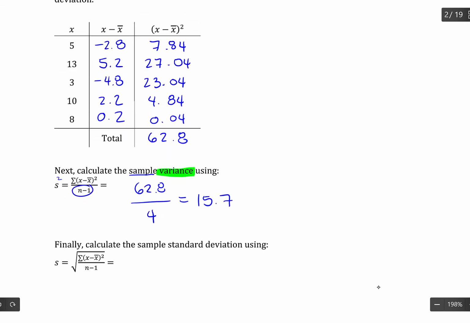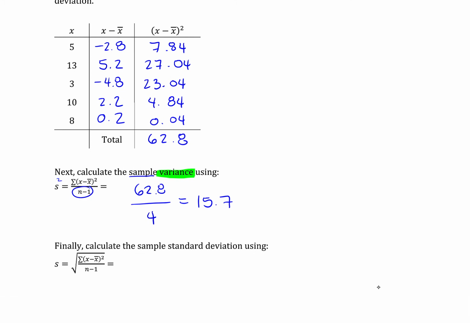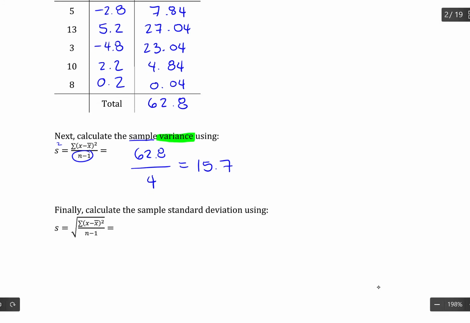Now, the problem with the variance is it's trying to estimate the average of all of these numbers, but it's much bigger than any of the individual numbers. The problem is the act of squaring. To counteract that, we define a new measure called the standard deviation, which is the square root of the variance we just came up with.